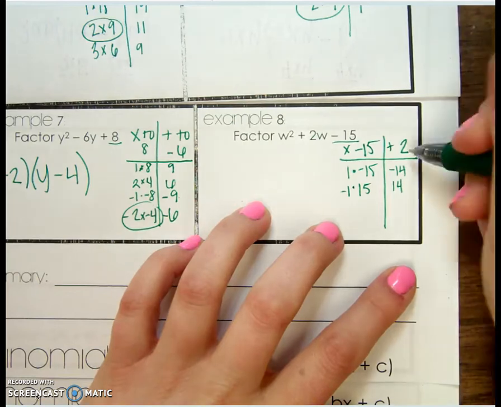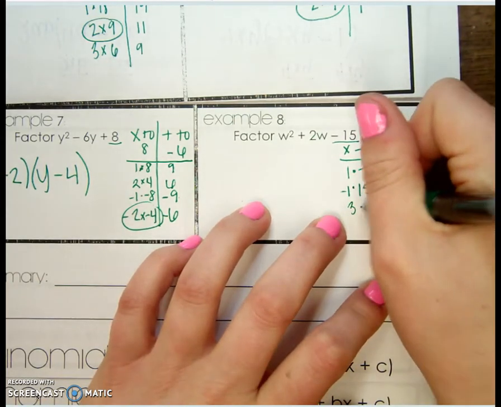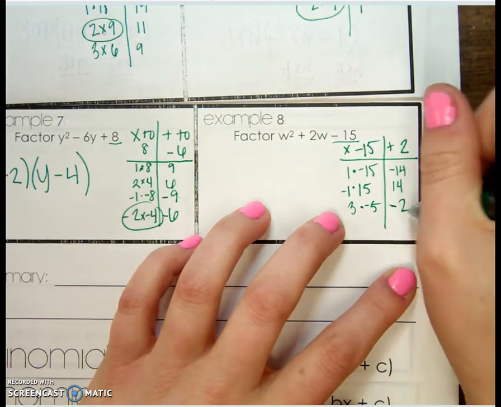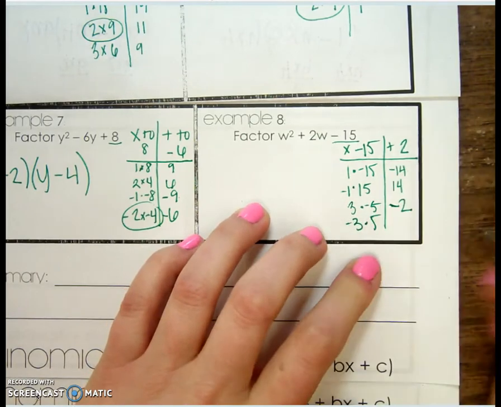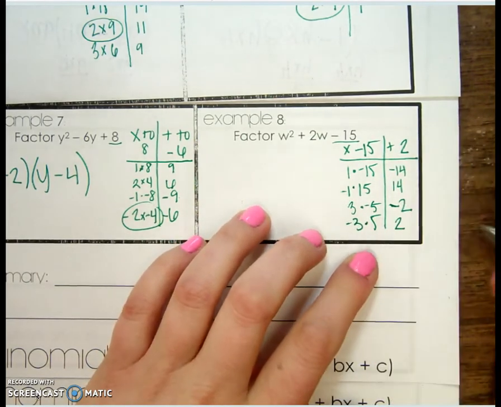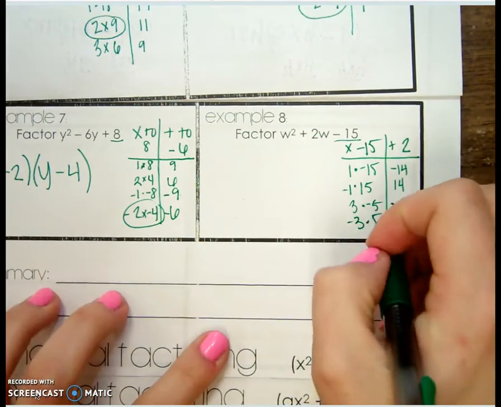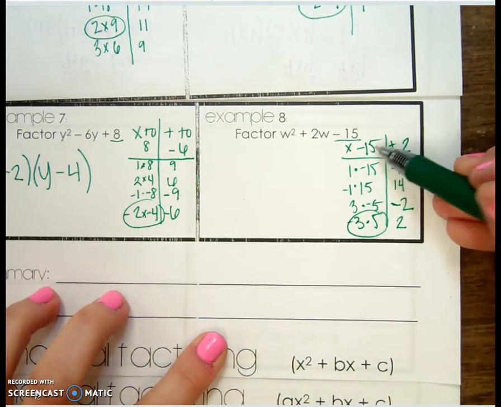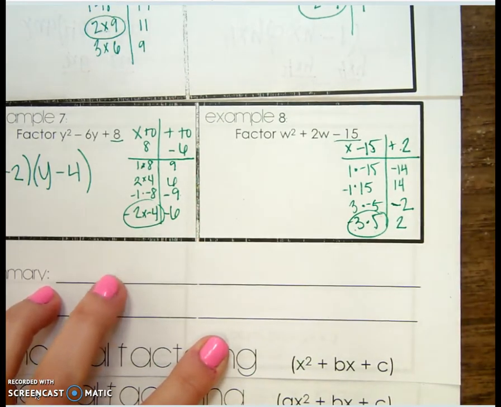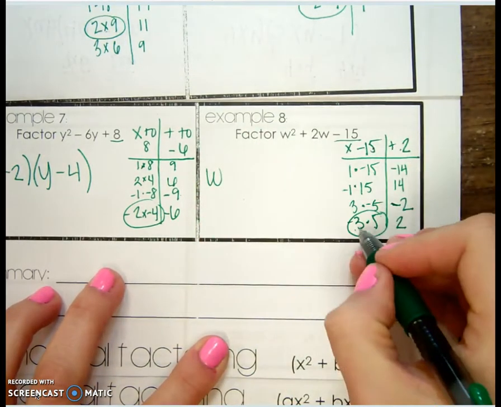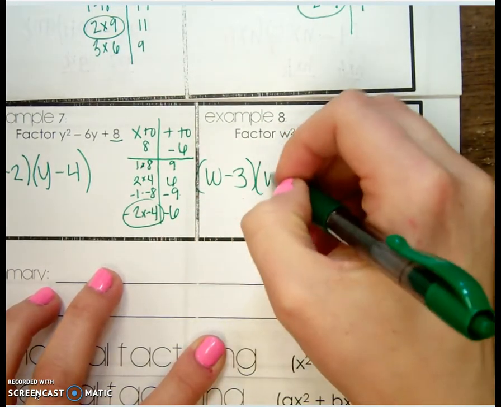That doesn't give me positive 2. 3 times negative 5 gives me negative 2. So if I did negative 3 times 5, it'll give me positive 2 when I add them together. Both of those numbers multiply to negative 15, and if I add them, they give me positive 2. So my binomials are w minus 3 times w plus 5.